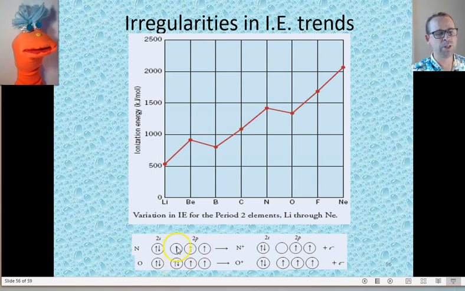So removing an electron from nitrogen requires a little bit more energy than its neighboring atoms, carbon and oxygen. Removing an electron from oxygen results in a half-filled subshell, and so it doesn't require as much energy. So that's why oxygen is lower than nitrogen, and why you see this bump, right? Same thing with this bump on beryllium. Okay.